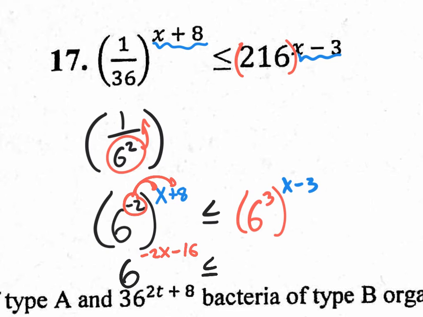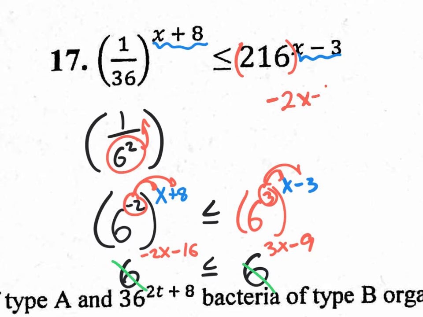And then over here, when you distribute 3 times x, that's 3x. 3 times negative 3 is negative 9, and you still have the base 6. So now that you have base 6 all by itself on both sides, and you have those nice exponents, you could eliminate those base 6's. They will disappear, and your new inequality becomes the exponents. Negative 2x minus 16 is less than or equal to 3x minus 9.